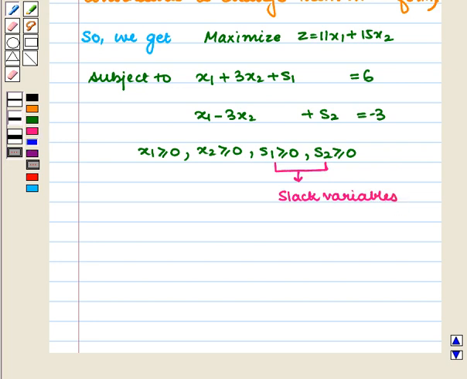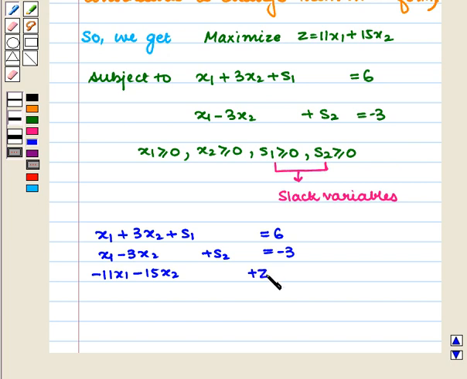So we have the following equations: x1 plus 3x2 plus s1 is equal to 6, x1 minus 3x2 plus s2 is equal to minus 3, minus 11x1 minus 15x2 plus z is equal to 0.